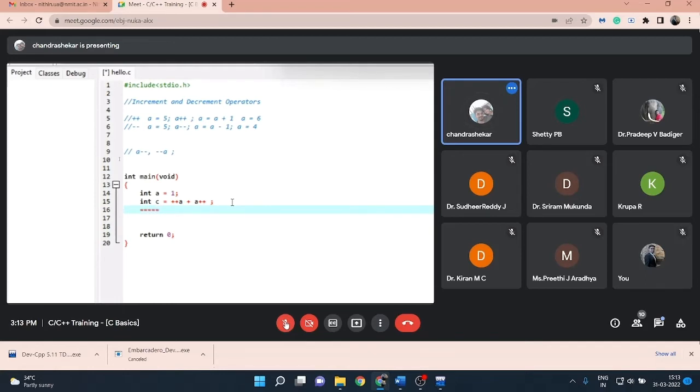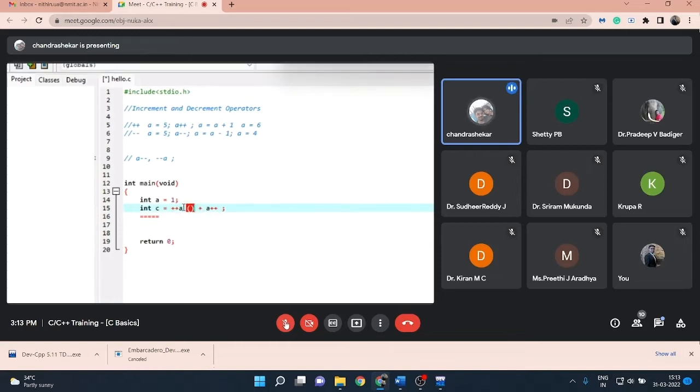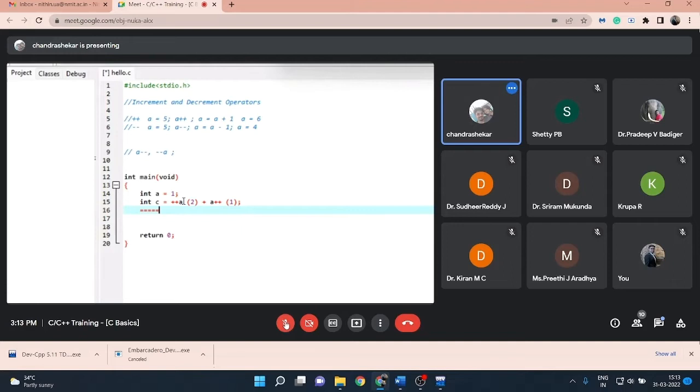Here a will have a value of 2. In this expression, a will still have a value of 1, but when it comes to the next expression, a will have a value of 3. The assignment takes place in the next expression execution. This is a tricky question, sometimes asked in interviews.